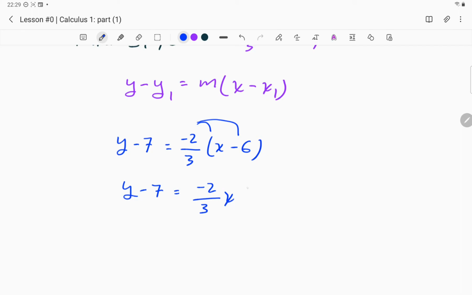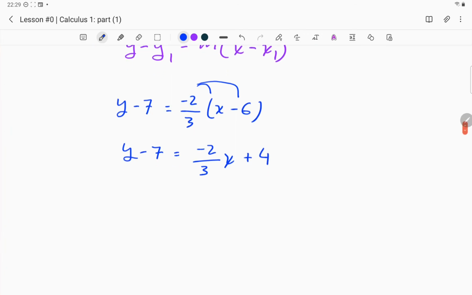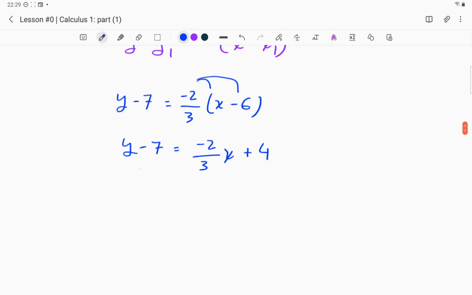Negative and negative is positive, so 6 multiplied by 2 is 12, 12 divided by 3 is 4, plus 4. You got that, right? And then basically you're gonna solve for y again, so you add 7 to both sides.